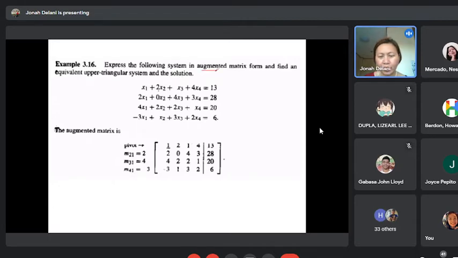So an augmented matrix form of this linear equation is this form. Diba? Now notice the elements of the augmented matrix are the numerical coefficients.